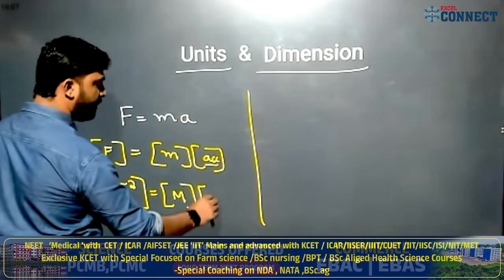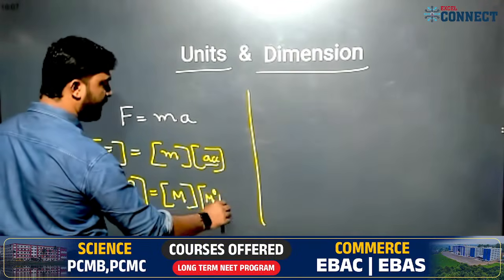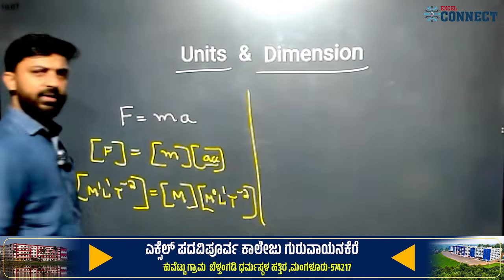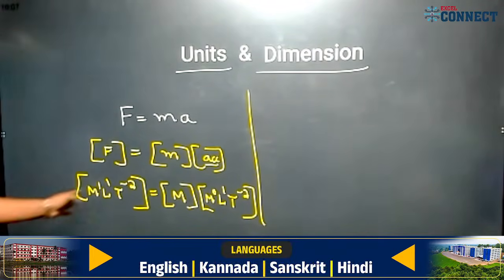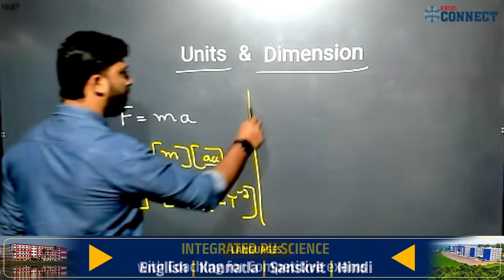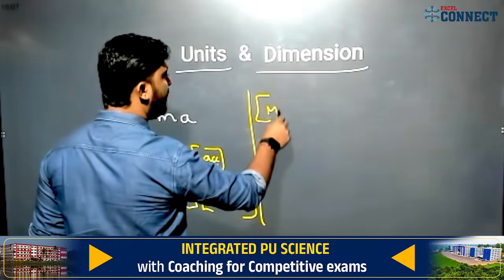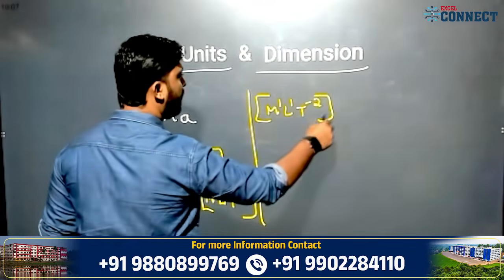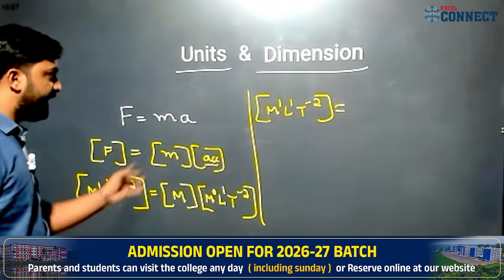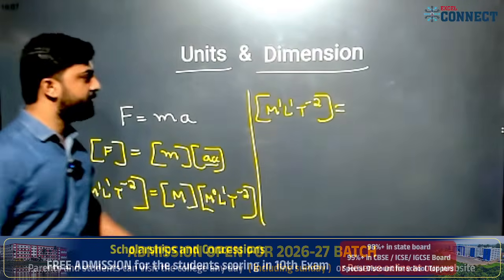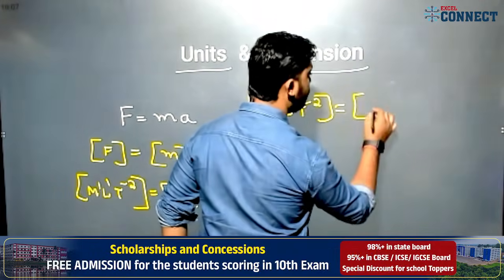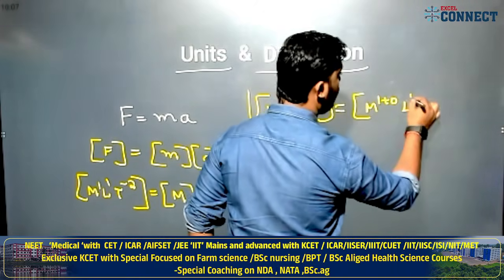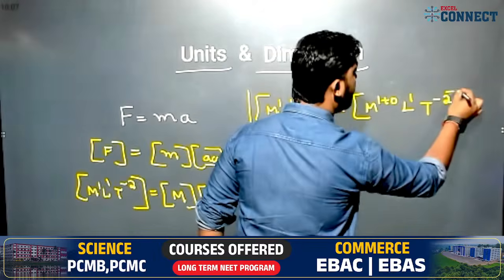It is M0 L1 T minus 2. After solving, the left side is M1 L1 T minus 2, and the right side is M1 plus 0, L1, T minus 2.